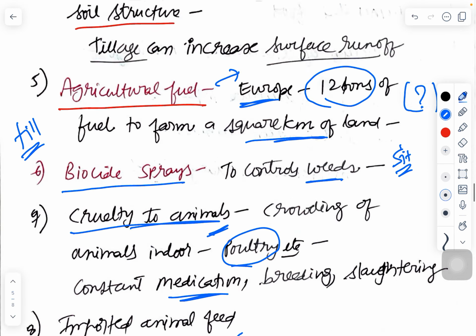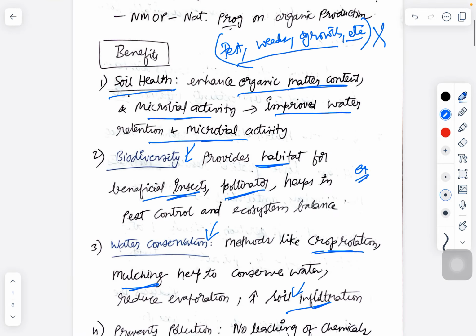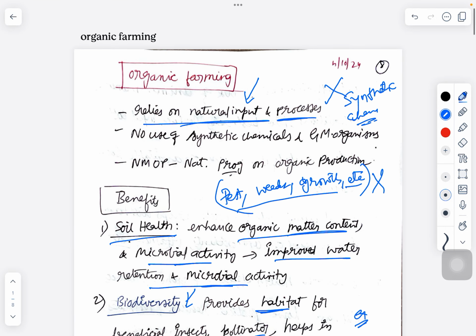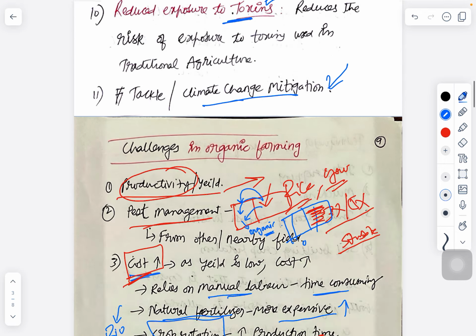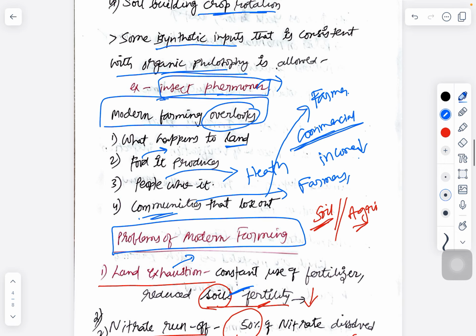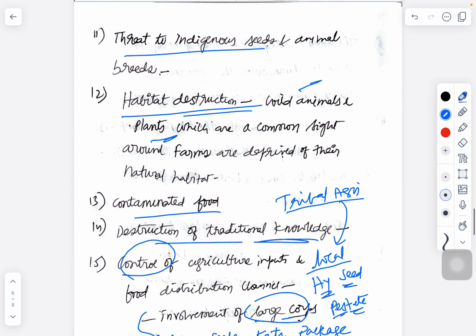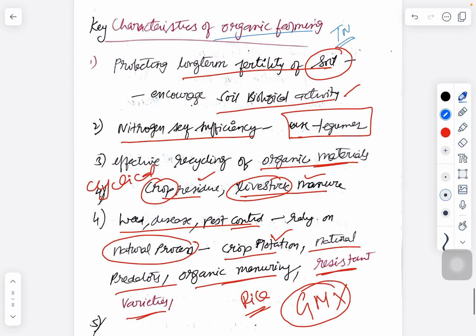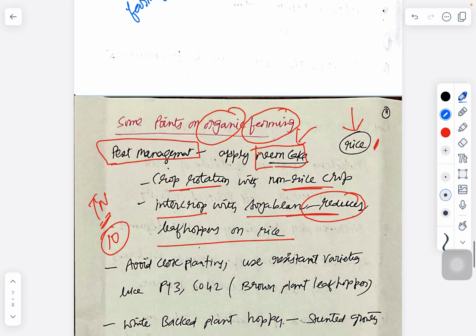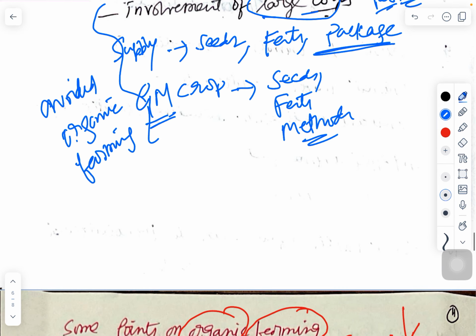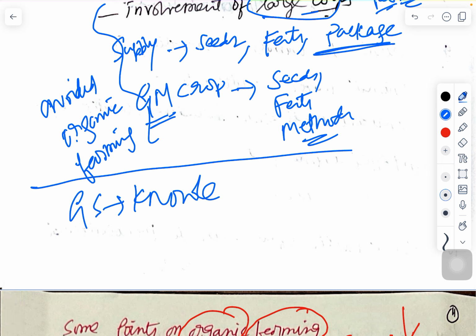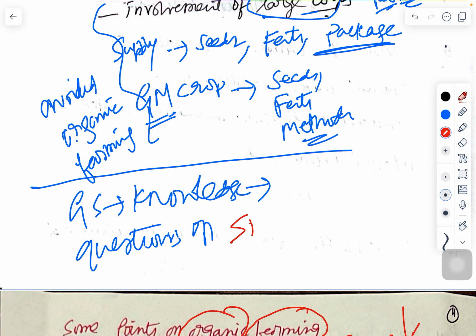This is a very high level discussion, because a guide or student from an agriculture background would have given much more detail on how it is actually done. These are very high level information, just to get us to GS knowledge and handle some questions on significance and challenges.